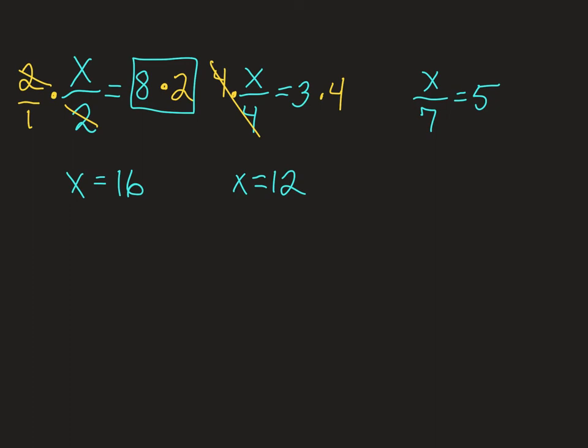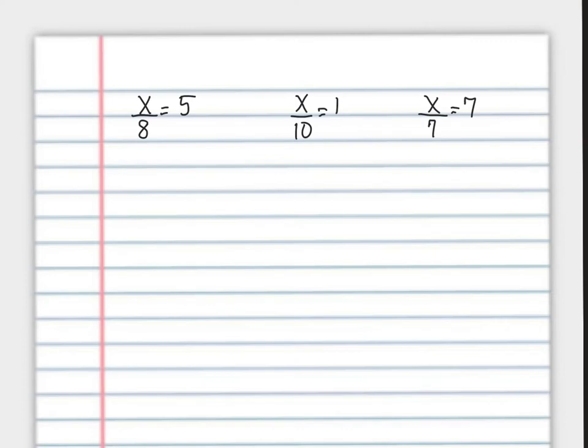All right, let's look at the next one. Times by 7, times by 7, cross out, what's my answer? Whatever 5 times 7 is, which is 35. All right, I've got 3 more here to practice with. So I'm going to do times by 8, times by 8, cross out, what's my answer? x equals 40.